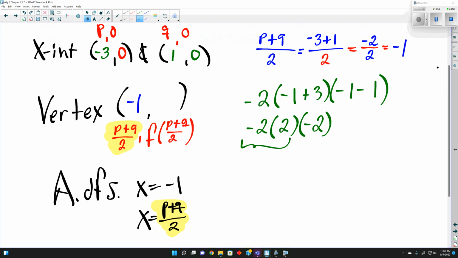Now -2 times 2 is -4. And we have it multiplied by -2. And -4 times -2 is 8. So our vertex is the point -1, 8.